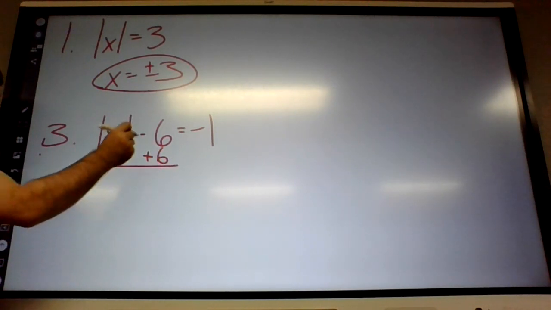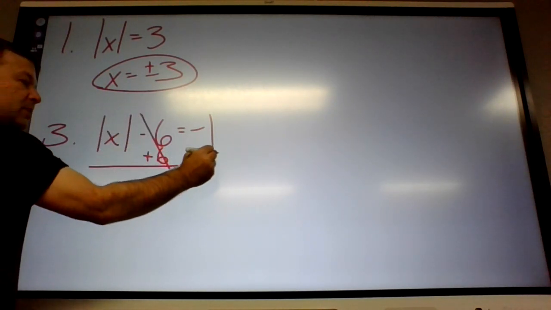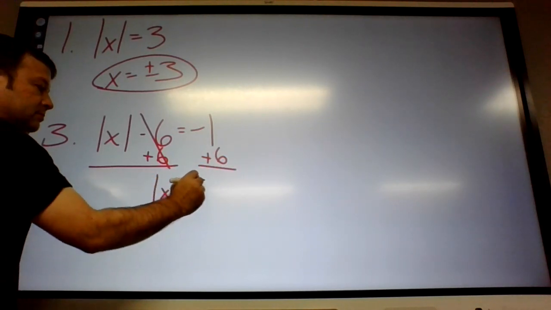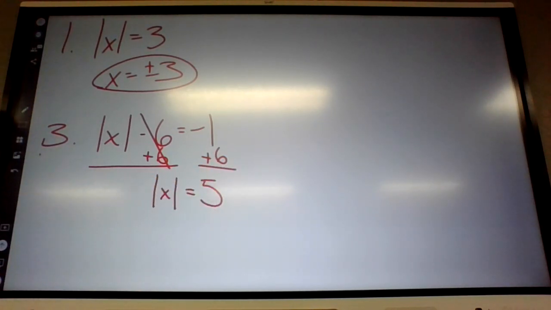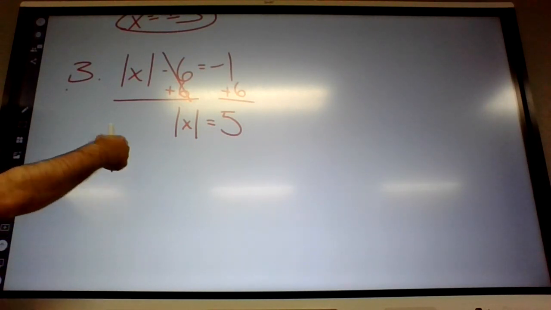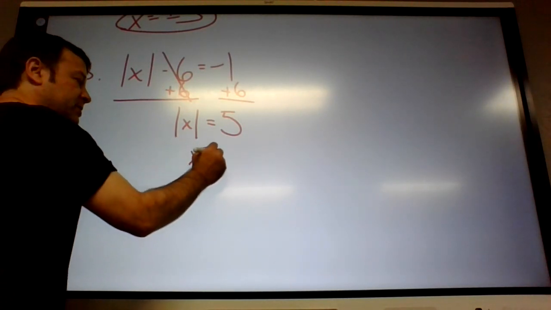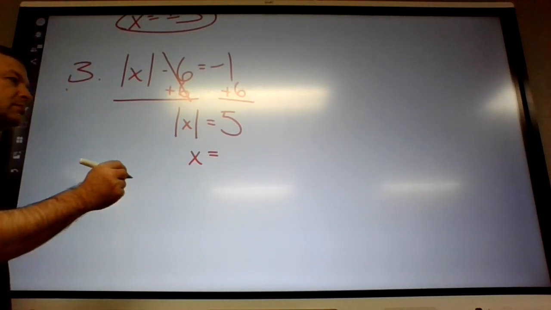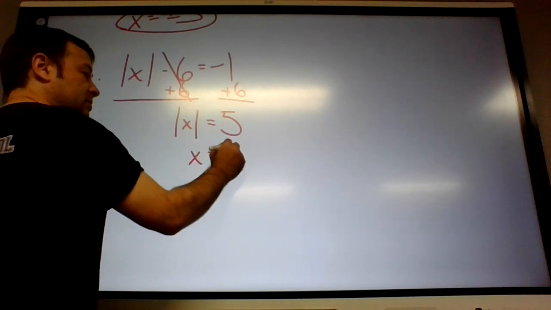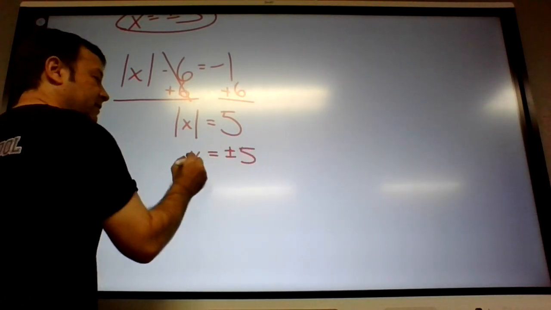So to get rid of that, we're going to add 6. Okay, once you get the absolute value by itself, then it's kind of all the same. Leah, do you know what this is going to equal? Positive or negative 5.